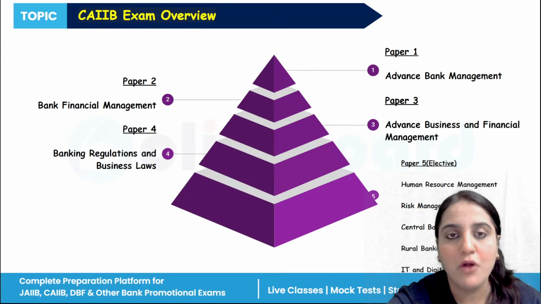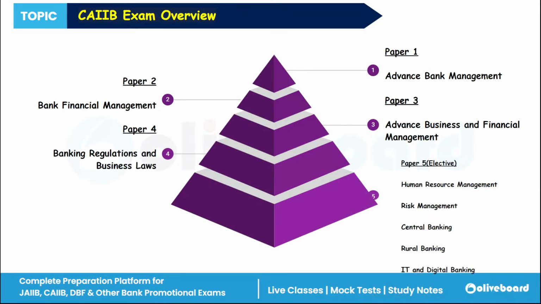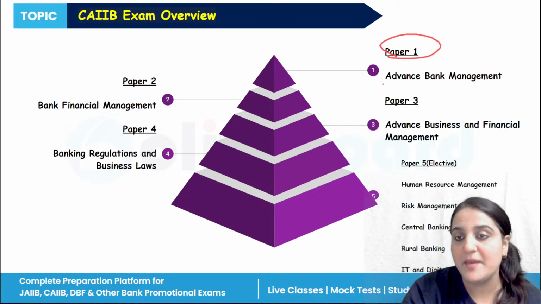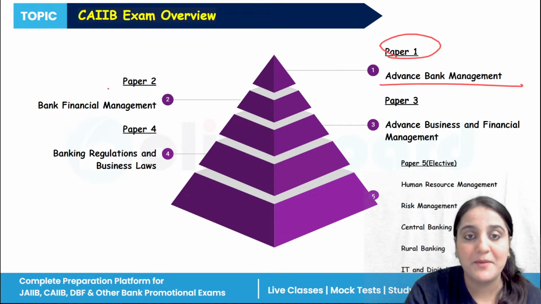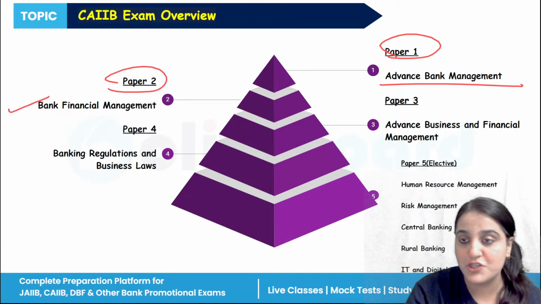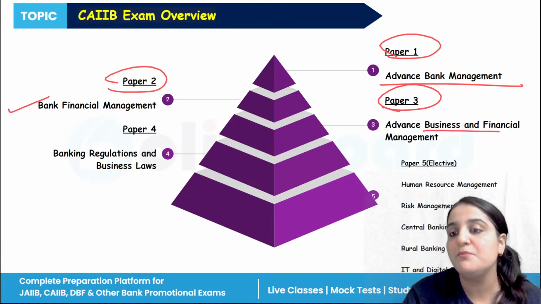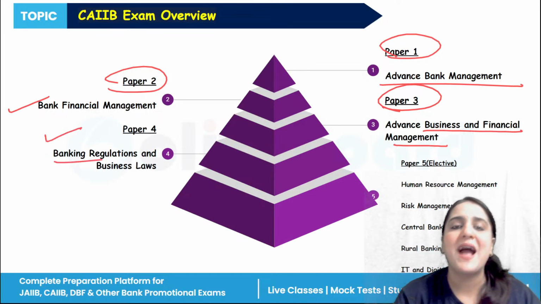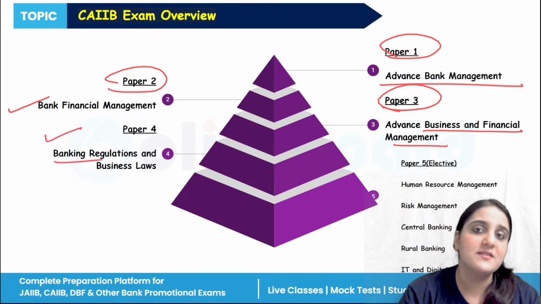If I talk about the CAIIB exam overview here, paper 1 is ABM, Advanced Bank Management, paper 2 is Bank Financial Management, paper 3 is Advanced Business and Financial Management, and paper 4 is related to banking regulations and business laws.